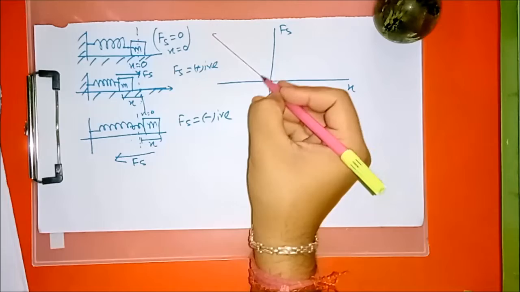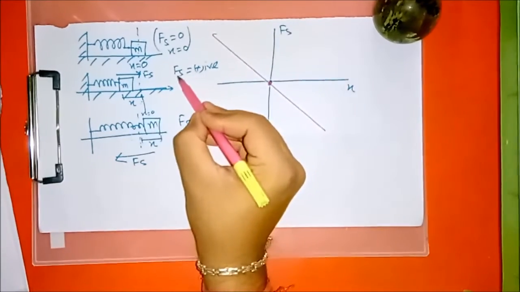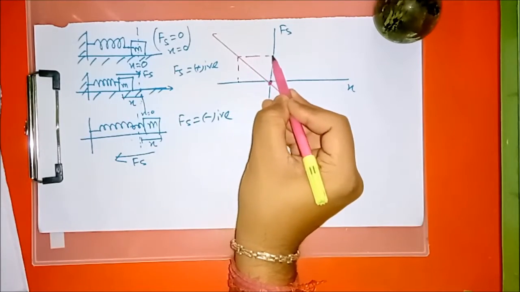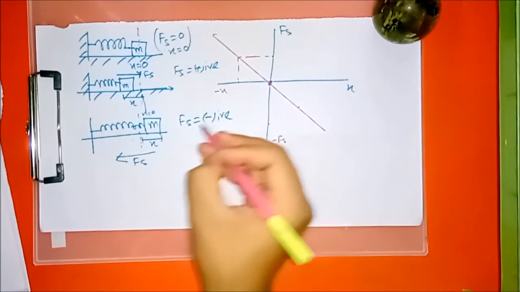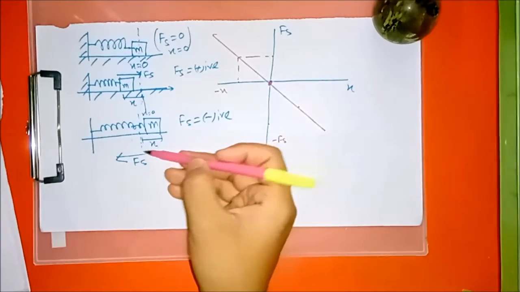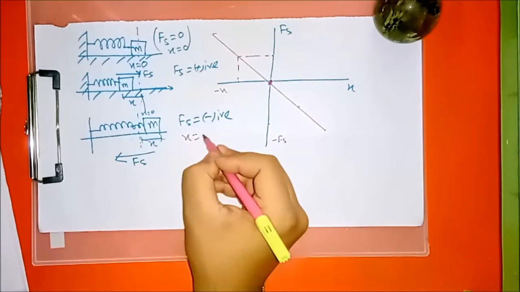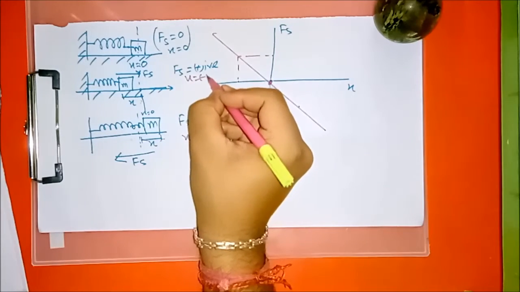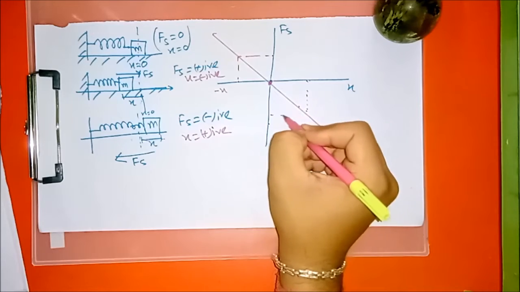And if the force at any instant is positive, then the displacement is negative, suppose at this instant. And if the force is negative, then the displacement is positive. As this spring force is negative, the displacement x is positive, and here x is negative. So the variation is something also like this.